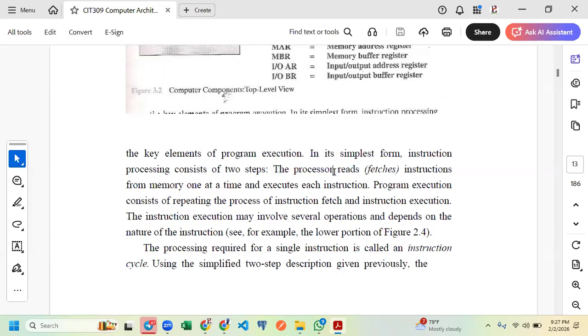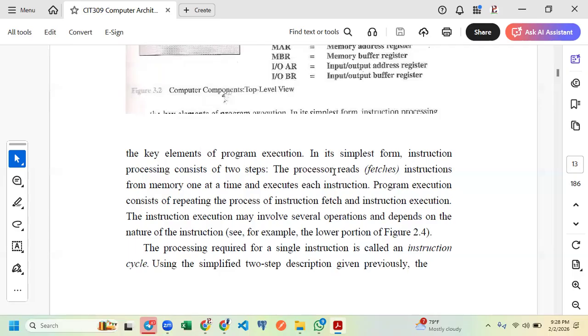While your RAM stores instructions, RAM is the working memory. While your RAM stores the instructions, the control unit is the one that is fetching it. Both the fetching and the decoding, the interpretation, all take place in the control unit.